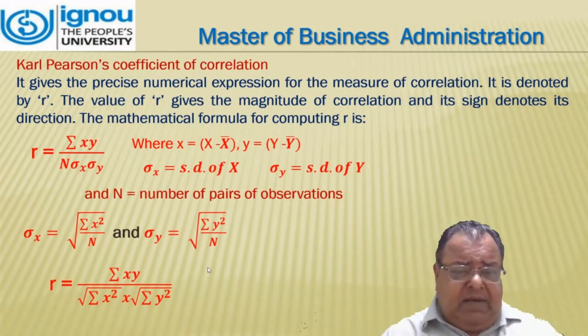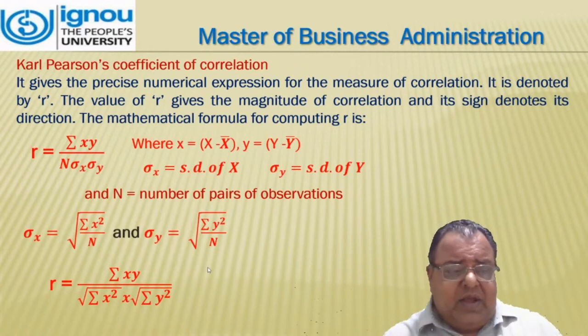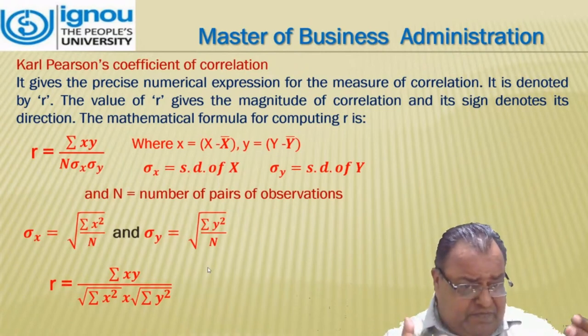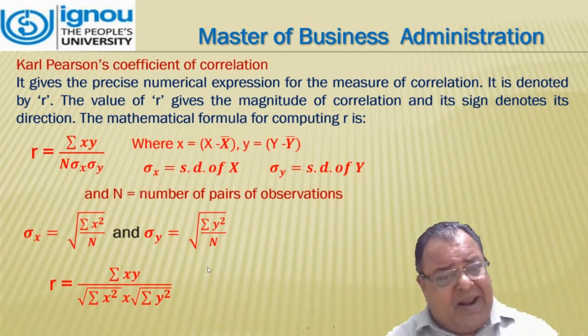The mathematical formulas used for computing R. The first one is R equal to summation of xy upon n times standard deviation of x and standard deviation of y. Now the question arises what these notations mean. Small x is equal to x minus x bar.